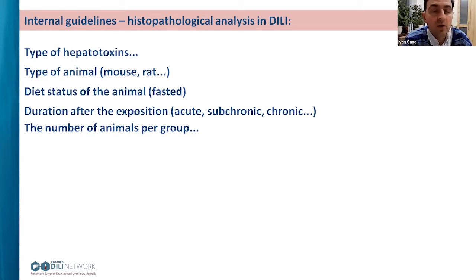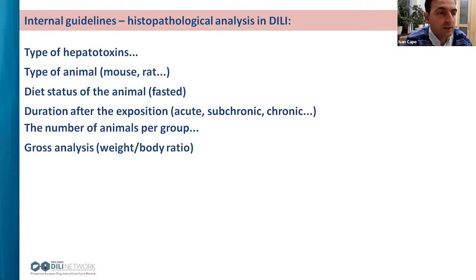Lower numbers of animals can sometimes be not enough for the appropriate statistical analysis. But with this sampling of the tissue section, we can actually increase the coherence and the real findings of the results.